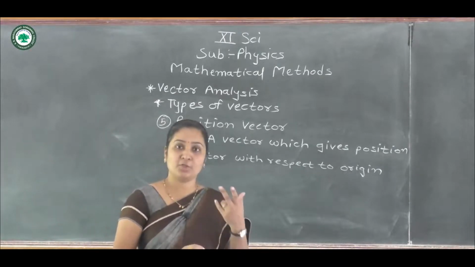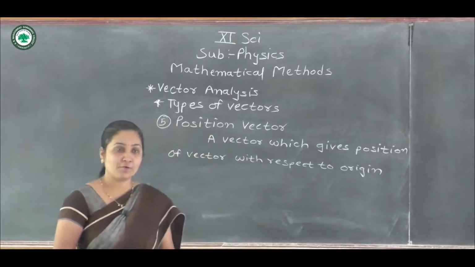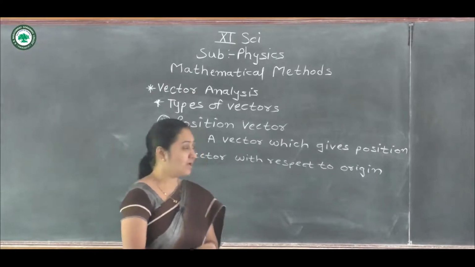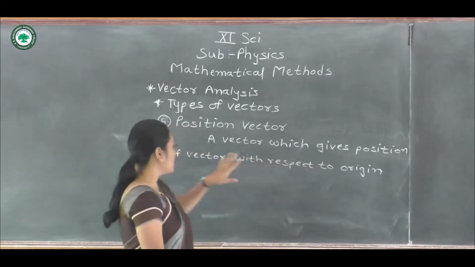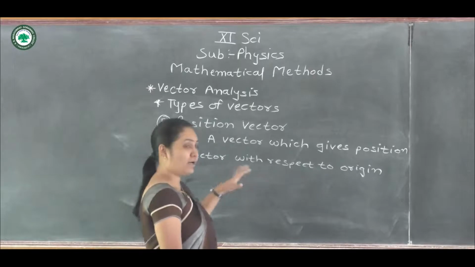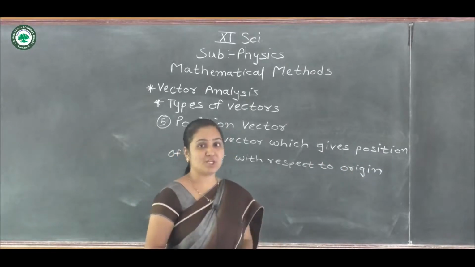We may use a two-dimensional coordinate system, that means the xy axis, or we may use the xyz axis, the 3-dimension axis. So a vector which gives the position of that vector with respect to the origin is called a position vector.